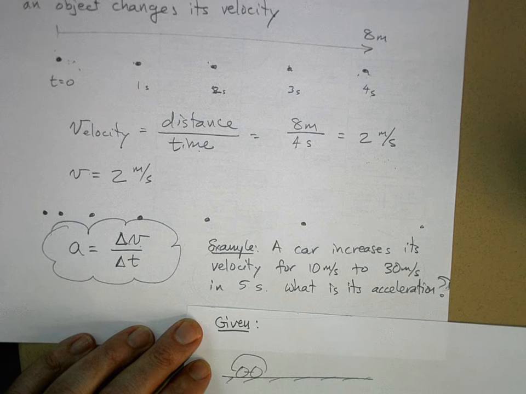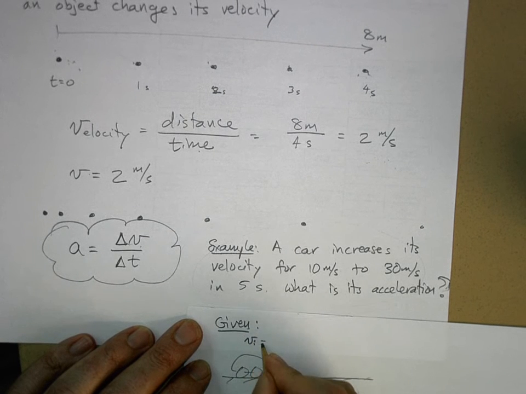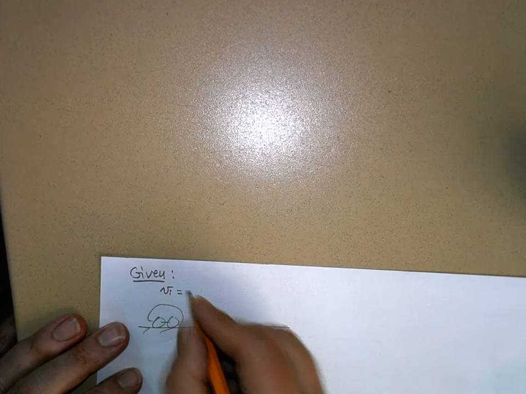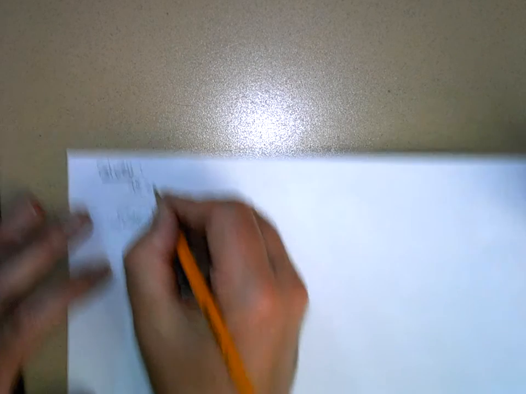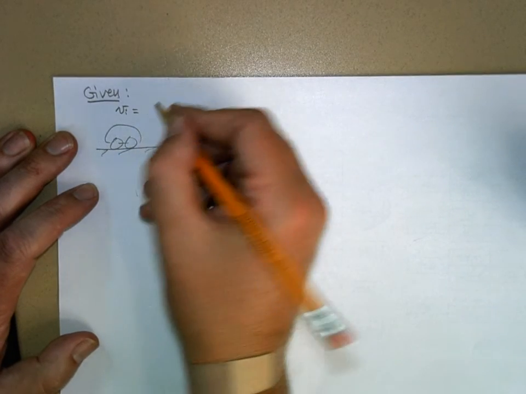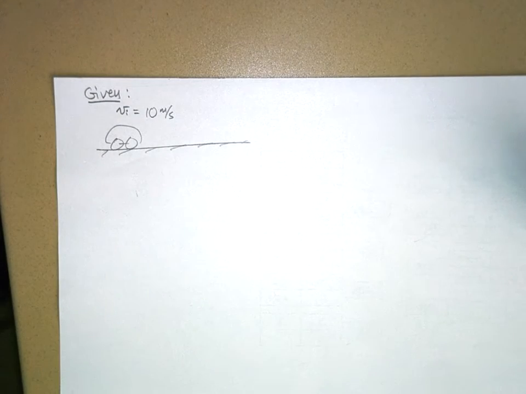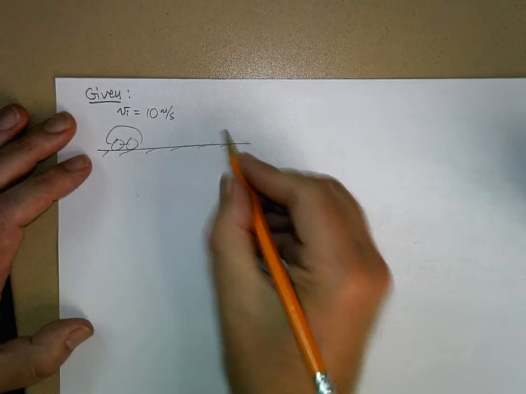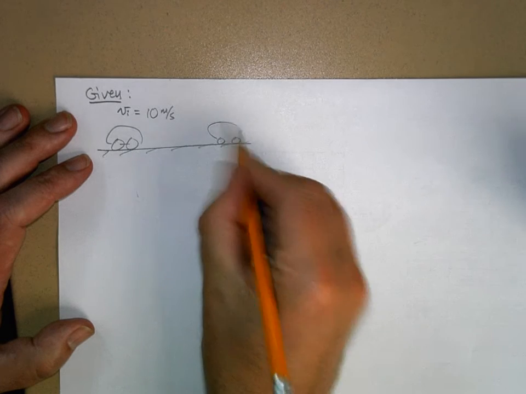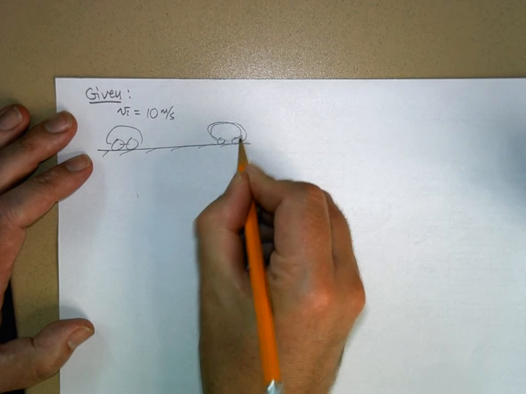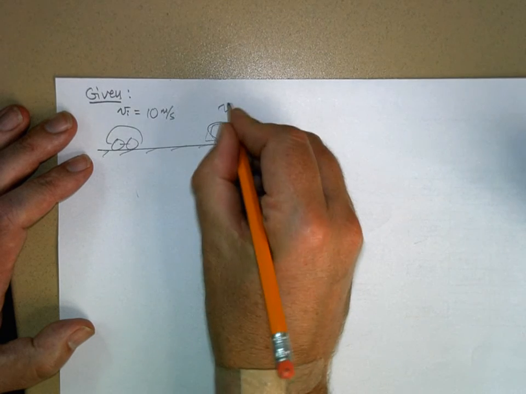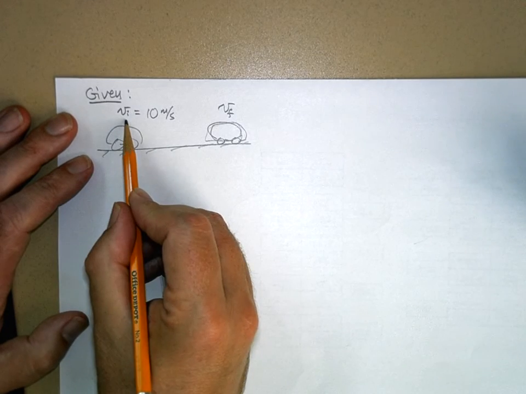And its initial velocity, I'll call it V initial, is equal to, well, what did I say in the problem? 10 meters per second. That means in 1 second it's going to go 10 meters. Now later on we look at it, and its final velocity, you see that the I means initial and the F means final?